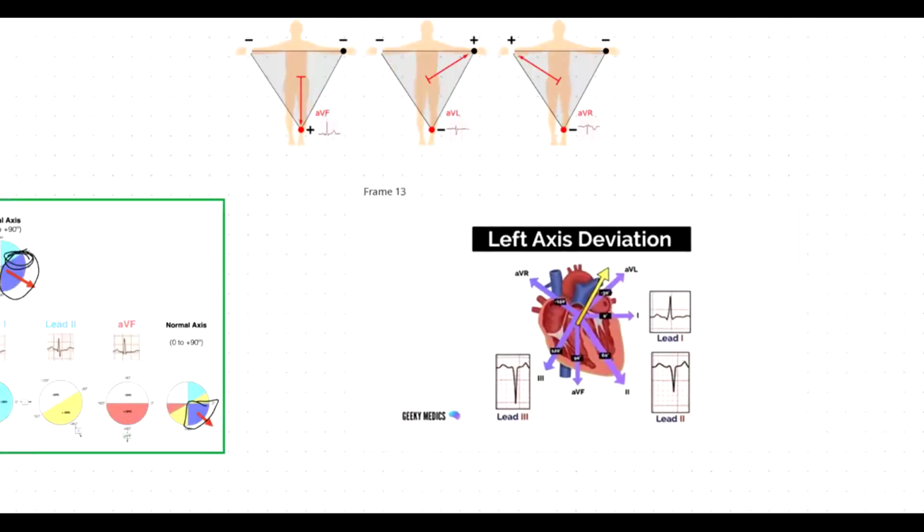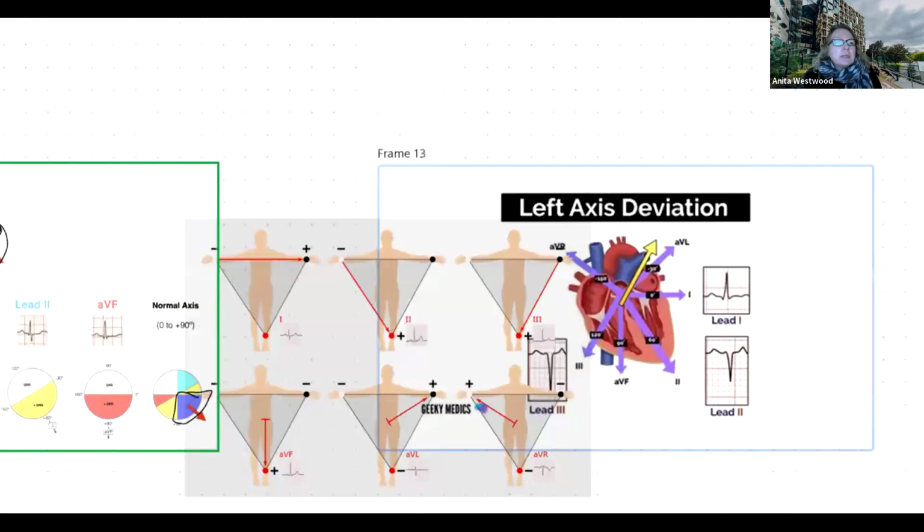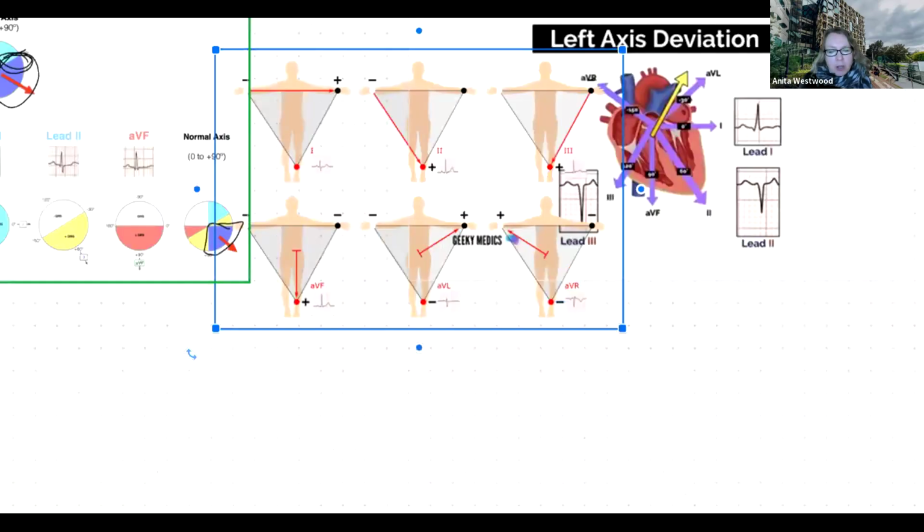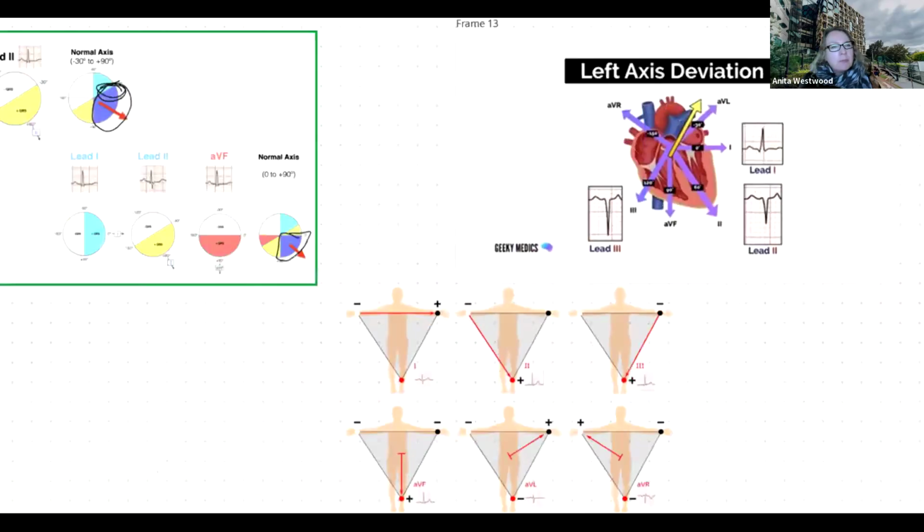That makes more sense. I was kind of imagining the whole heart kind of twisting upwards. No, it is slight. For some people over time, you can imagine someone with massive hypertension for years, or the actual left ventricle becomes bigger because of congestive cardiac failure, and they've got hypertrophy or something like that.